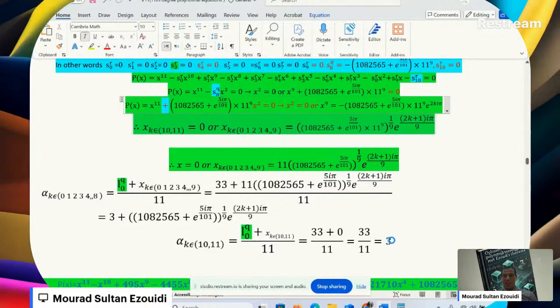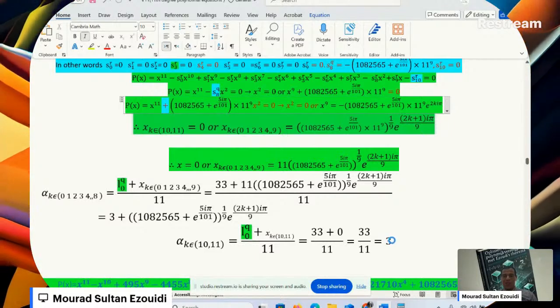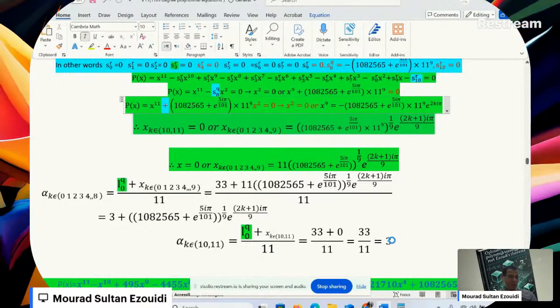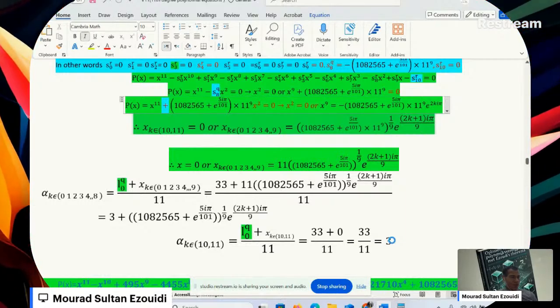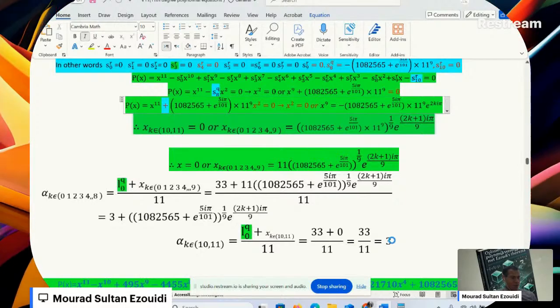which is equal to 3. We can write it here. It's a root.